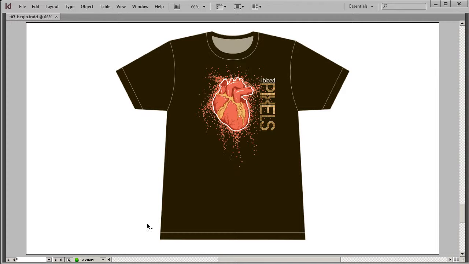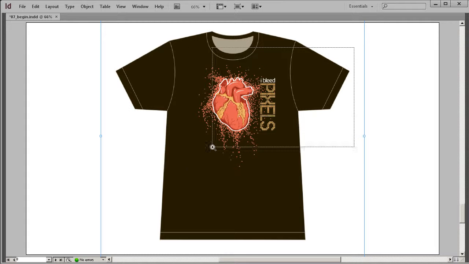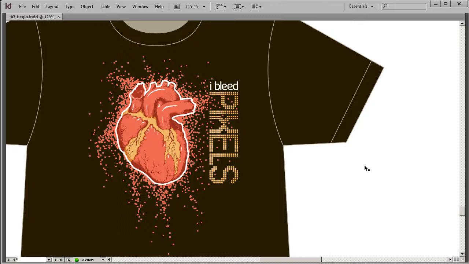Now, a couple more examples here for you. If we look again at this t-shirt design, we talked about this being an image-based design, but it does have type with it. Now what happens in the real world when you begin to mix the two elements is you need to be aware of how the type looks when it's partnered with the image. Again, the concept for this one is that I bleed pixels, and you can see here this heart has this pixel-shaped blood surrounding it.